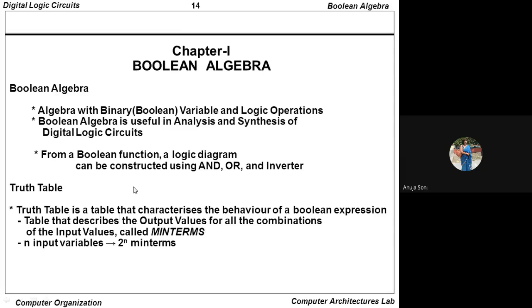A truth table is a table that characterizes the behavior of a Boolean expression. Earlier, we studied the truth table corresponding to the logic gates. Logic gates were the smallest unit of logical circuits, the smallest hardware units. There also we talked about the truth table and the Boolean expression in order to study the behavior of the logic gates.